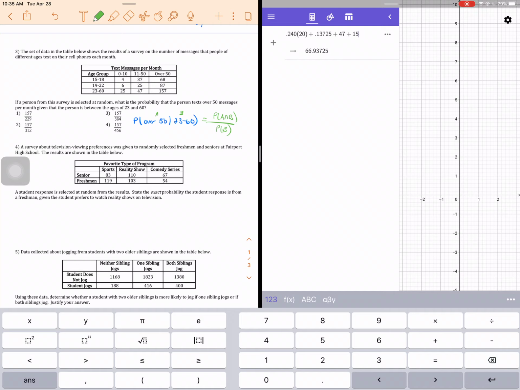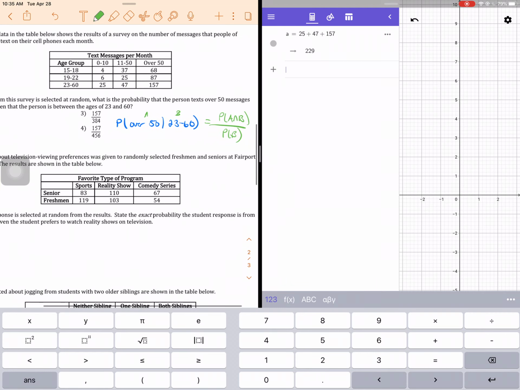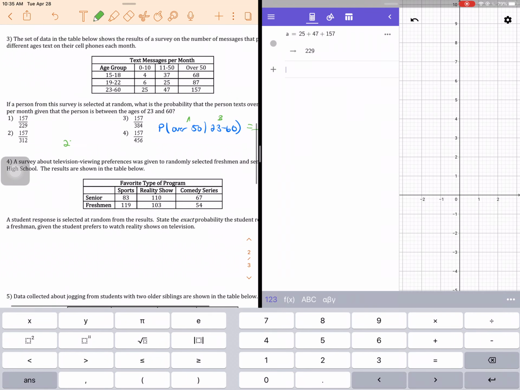Sorry, I had some stuff there before that I got to get rid of. 25 plus 47 plus 157 is 229. So out of 229, we actually can see the answer already now. How many of those 229 people send over 50 text messages? That's 157. There you go.